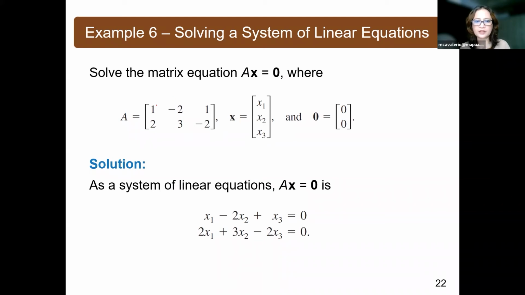So that is, we have 1 times x sub 1 minus 2 times x sub 2 plus x sub 3. This is the first equation, equivalent to 0. And then we have here 2x sub 1 plus 3x sub 2 plus negative 2 times x sub 3 equal to 0. We'll have the second linear equation.